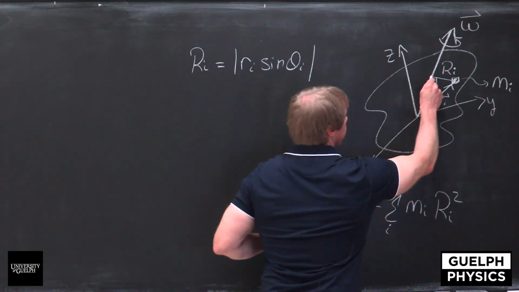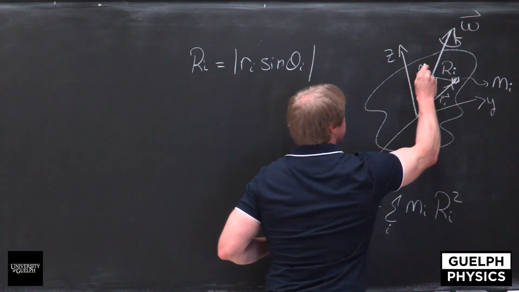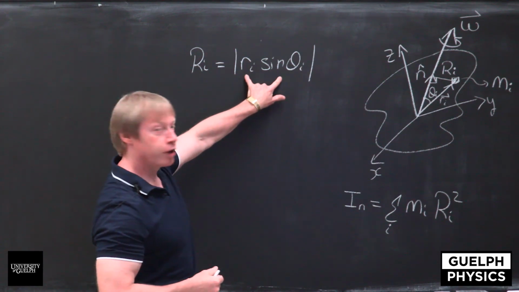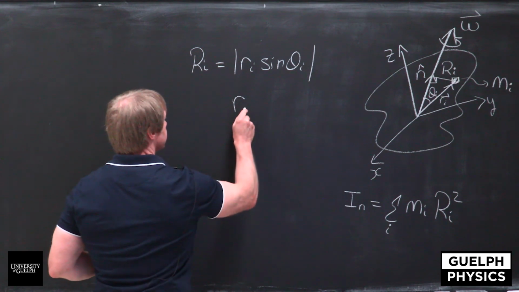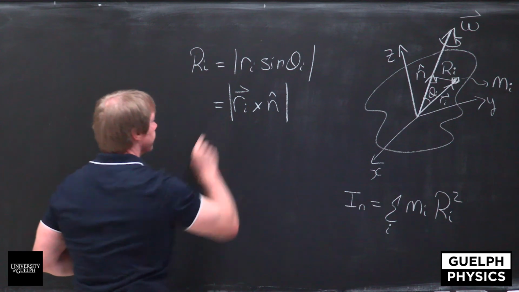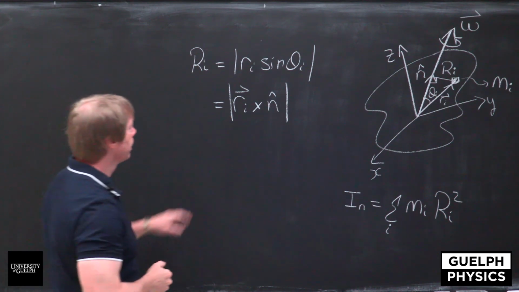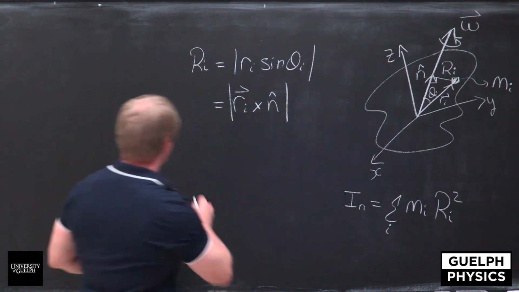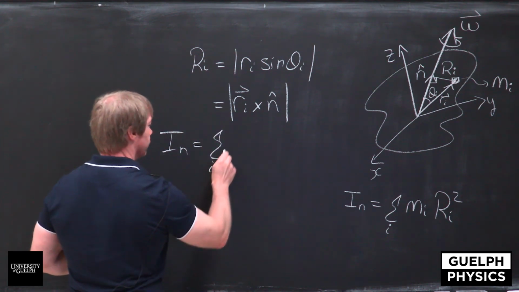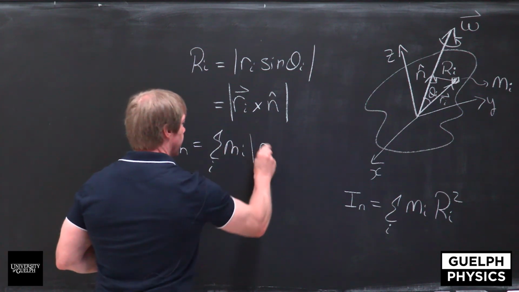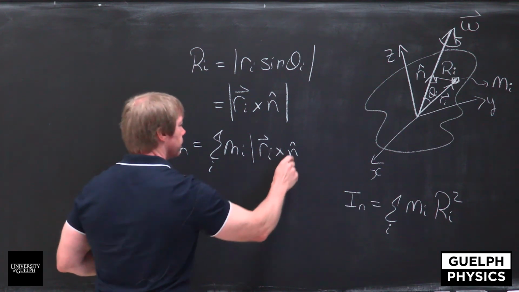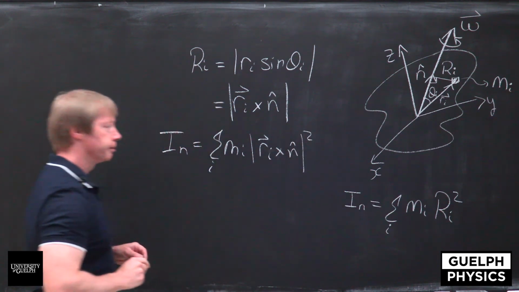And I take a unit normal vector, and then I can express this quantity as ri cross n. And so now my moment of inertia is a sum over i of mi times ri cross n, squared.